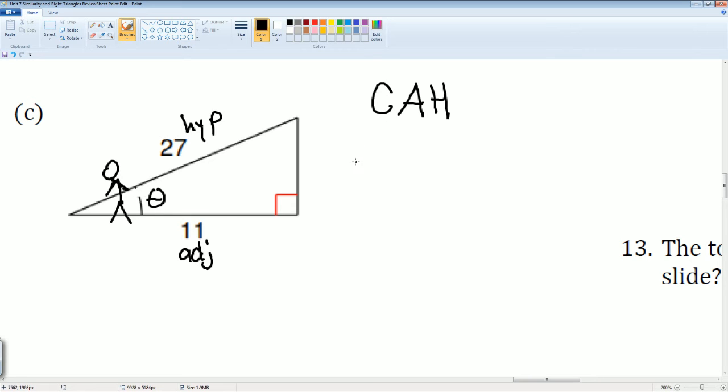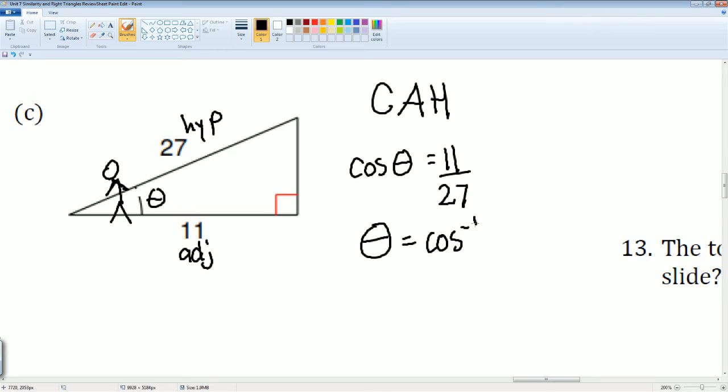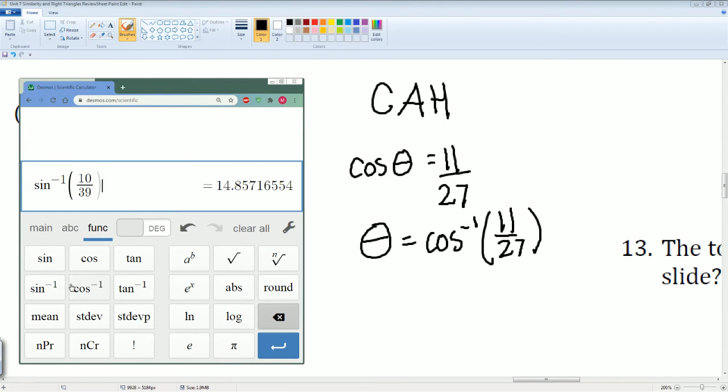So we can write this cosine of theta is equal to adjacent, which is 11, divided by your hypotenuse, which is 27. We're trying to get theta, so we do our inverses. Theta is equal to cosine inverse 11 divided by 27. We grab a calculator.